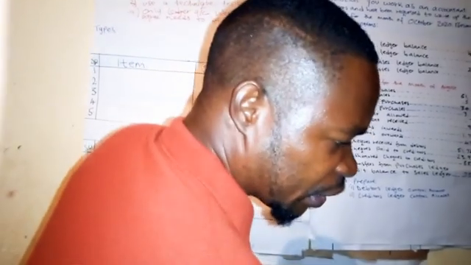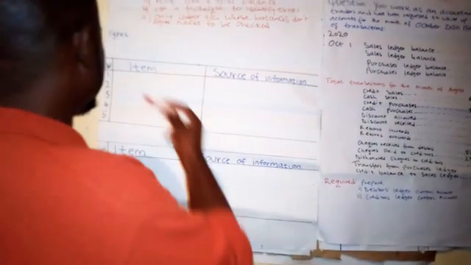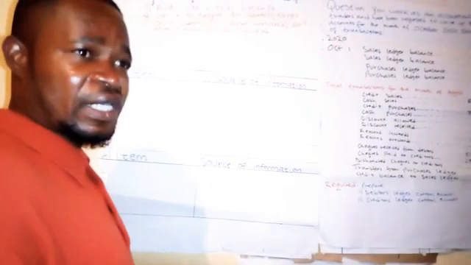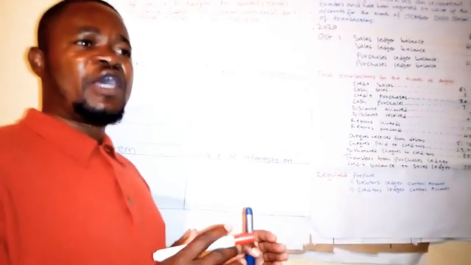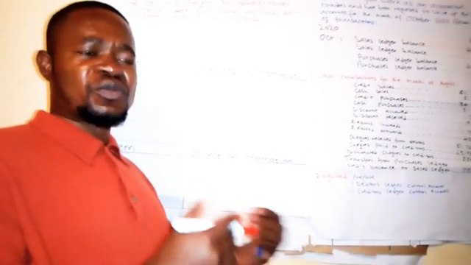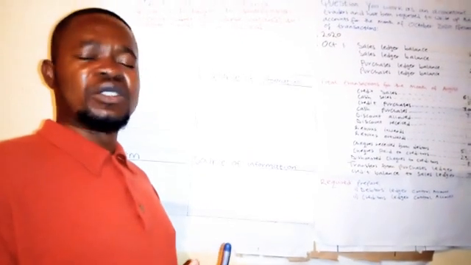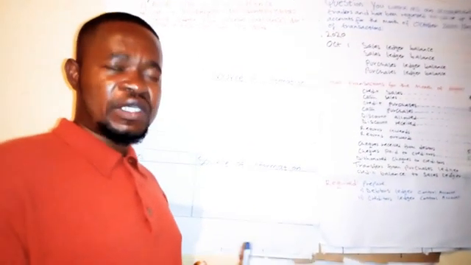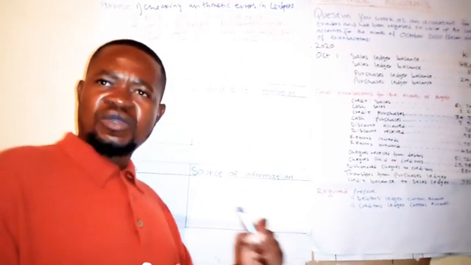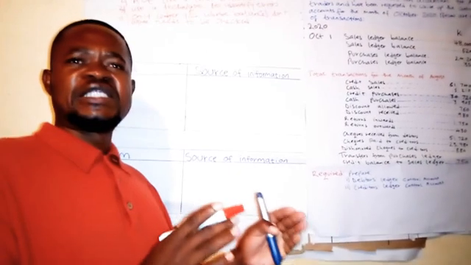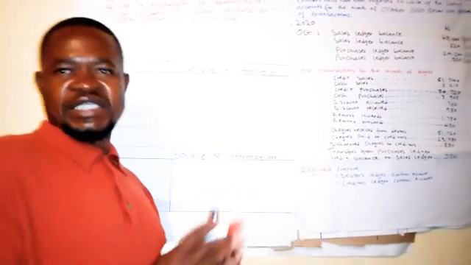Okay, now we can look at the types of control accounts. The normal types of control accounts that we'll be looking at are two. The first one is the control account that deals with the sales ledger.